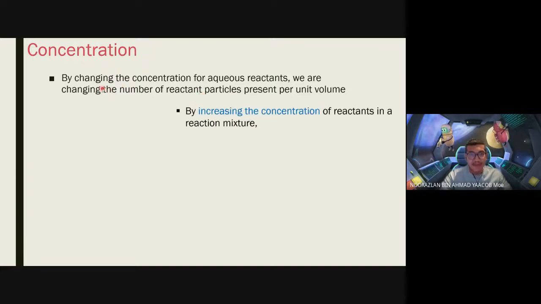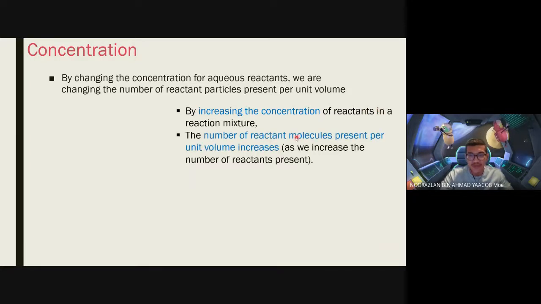So this is what happens when we change the concentration. When we change the concentration, the particles present per unit volume increase. So more per unit volume. And by increasing the concentration of reactants in the reaction mixture, the number of reactant molecules present per unit volume increases as we increase the number of reactants present.